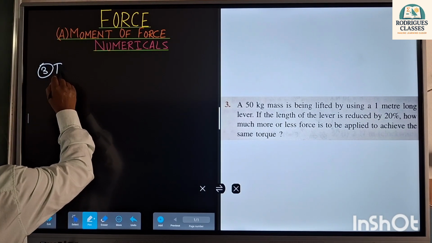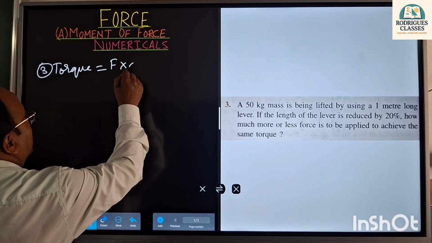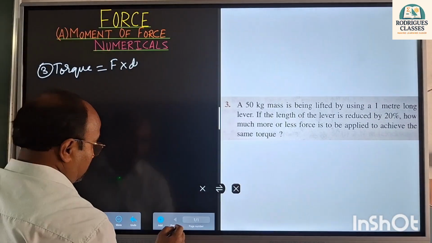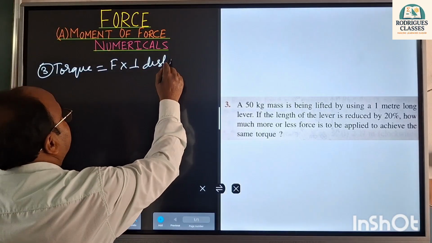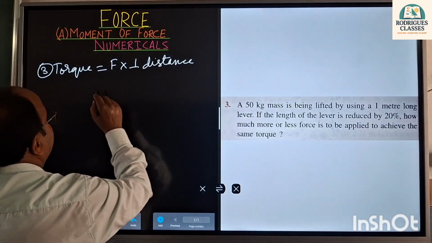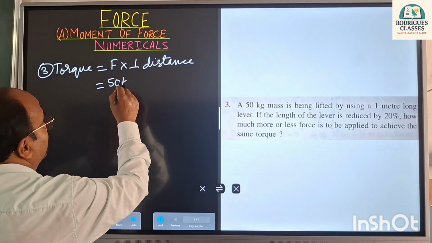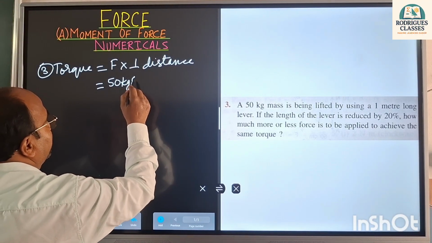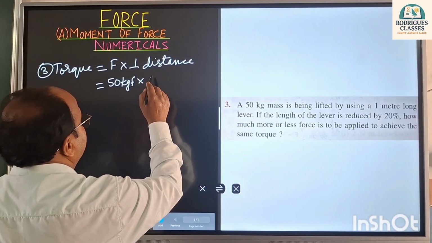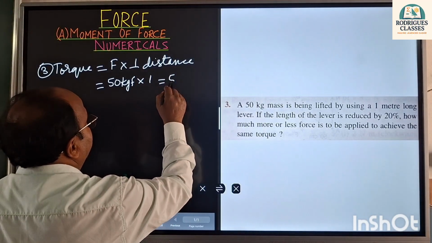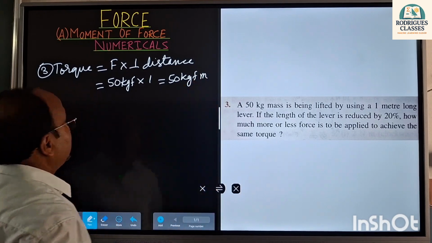We write here torque equals force into perpendicular distance. So force we will take as 50 kg is the mass, so I am converting it into 50 kgf, it becomes weight, and then perpendicular distance is 1 meter, so I get here 50 kgf meter as the torque.